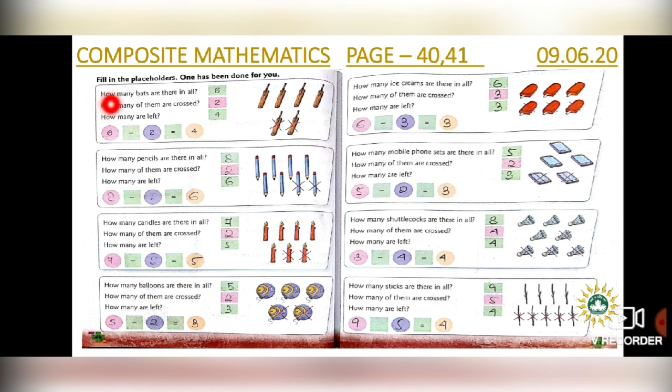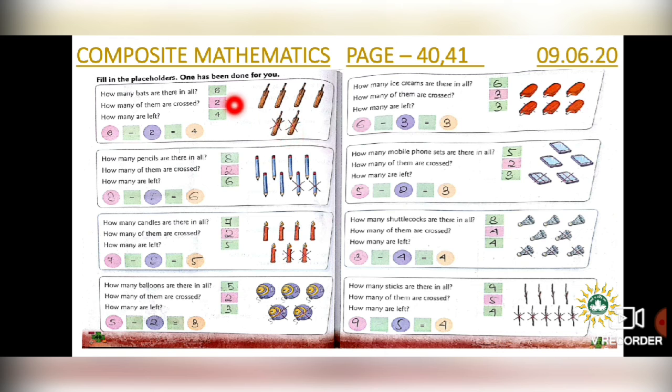Here, how many bats are there in all? So you have to count the total number of bats you can see here. 1, 2, 3, 4, 5, 6. So there are 6 bats in all. So we'll write 6 here. Then how many of them are crossed? Now we will count the number of bats that we can see are crossed. 1, 2.